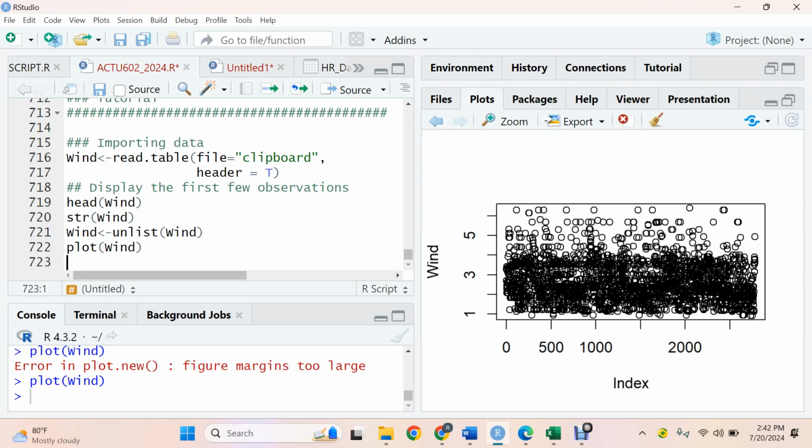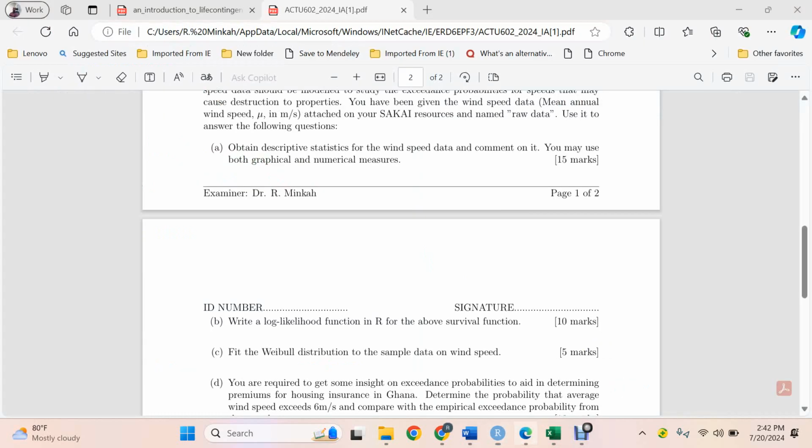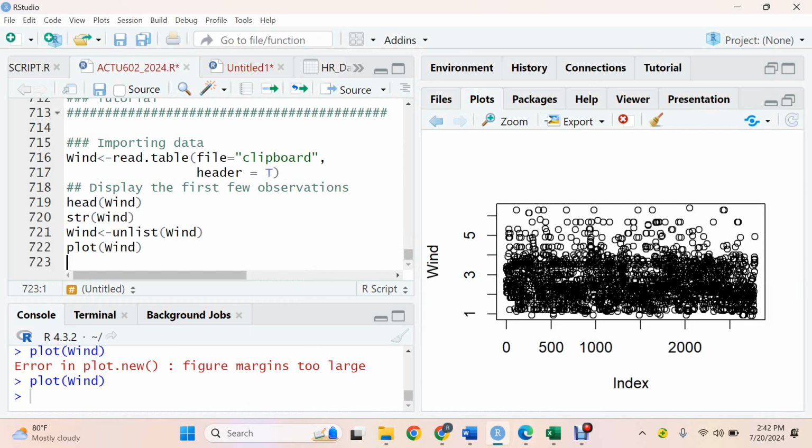Okay, and the first question was that you should obtain descriptive statistics. So let's say if you get this data and you want to work on it, you first start with descriptive. What is the data? So for example, I plotted it, it looks like this.